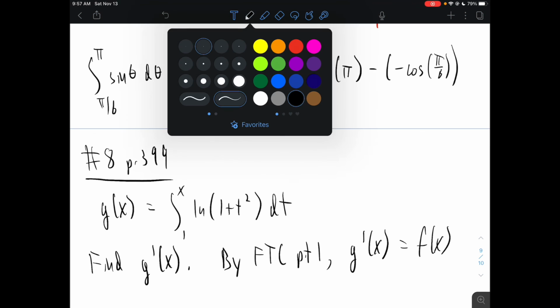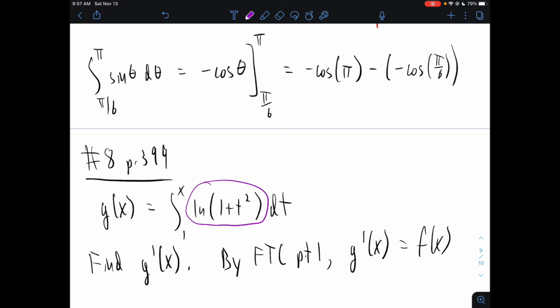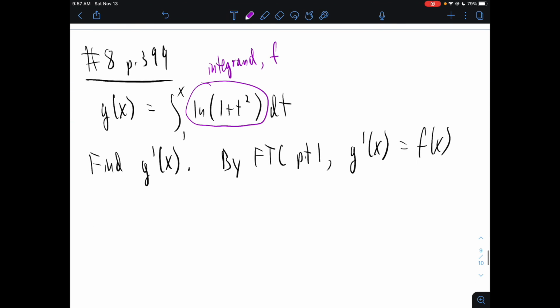So what is f? That's what's called your integrand, the thing that's inside the integral. But this is a function of t. So how do you make it a function of x? Just wherever you see a t, you replace it with x. So g prime of x is just the natural log of 1 plus x squared.